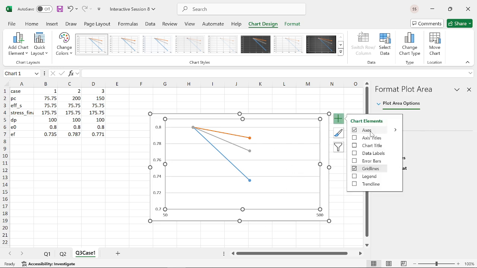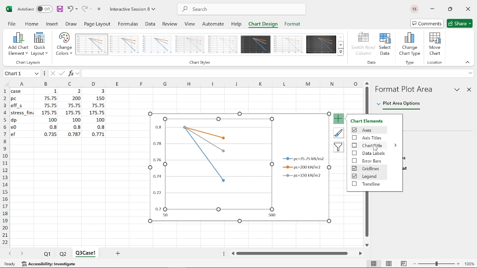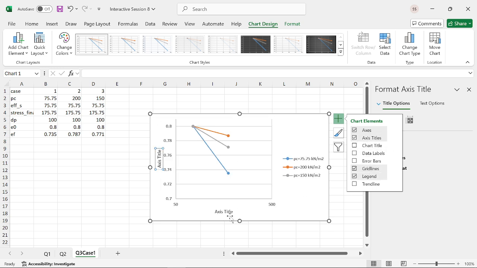Okay, let me add axis, legend, axis titles.